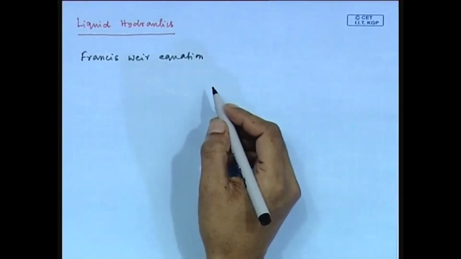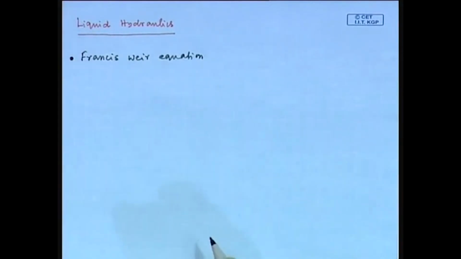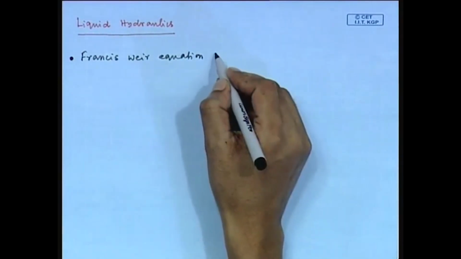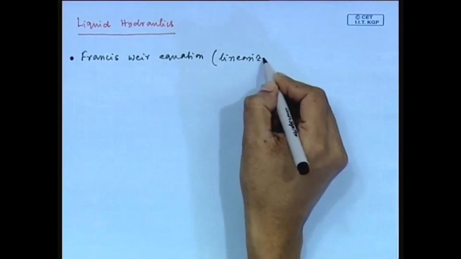Liquid flow rate is calculated by the use of the well known Francis-Weir equation. So, for the example distillation column, we will consider the simplified form of this Francis-Weir equation, that is the linearized form.